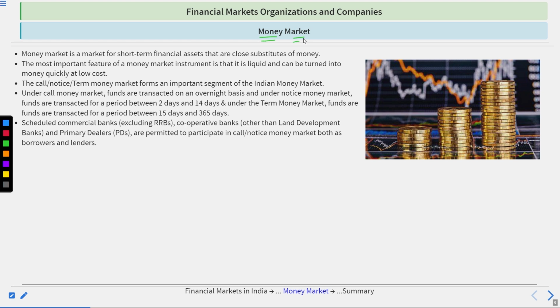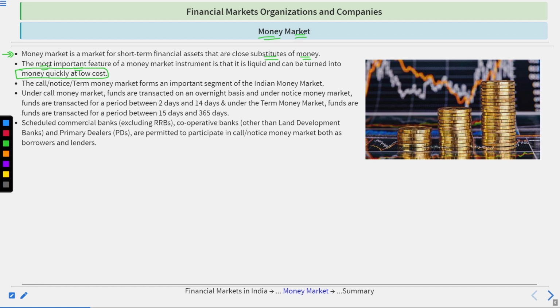Now, money market. The money market is a market for short-term financial assets that are close substitutes of money. The most important feature of a money market instrument is that it is liquid and could be turned into money quickly at low cost.